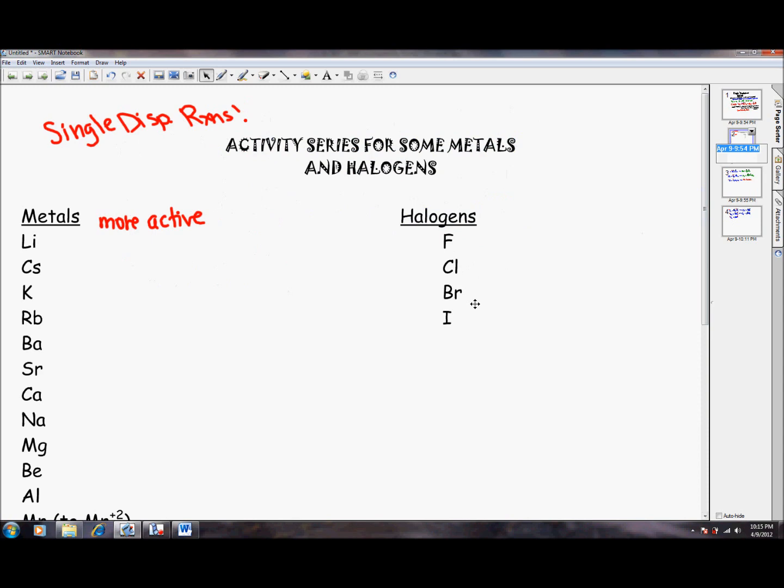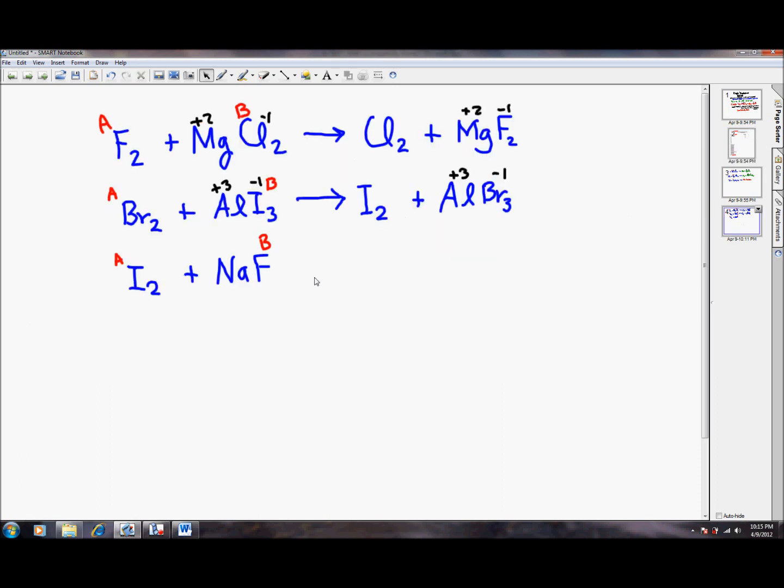Iodine to fluorine. Iodine is lower than fluorine, so iodine will be unable to make the change. So that means that we will write no reaction.